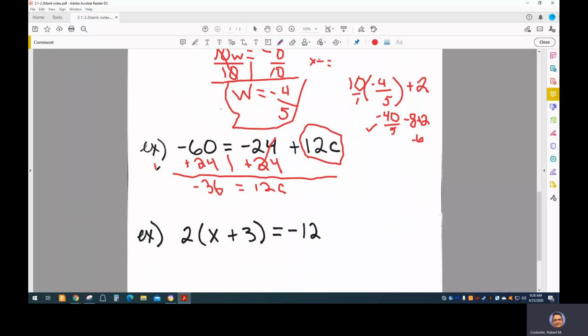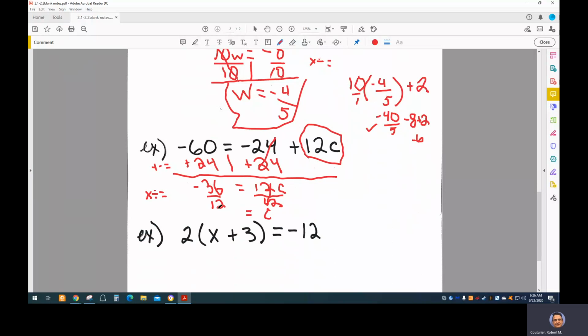So this was the addition subtraction property of equality. Now I have something being multiplied, so the opposite of multiplication is division. So I'm doing the multiplication division property of equality next. In order to get this by itself, I have to divide this by 12. If I divide this by 12, I have to divide this by 12. These will cancel, and I get a C.